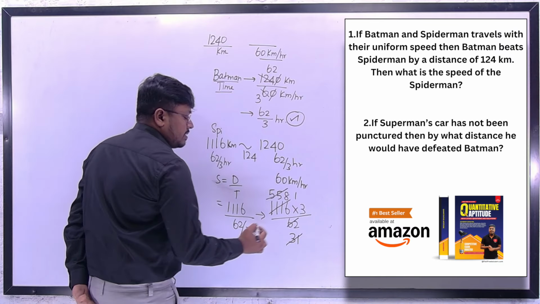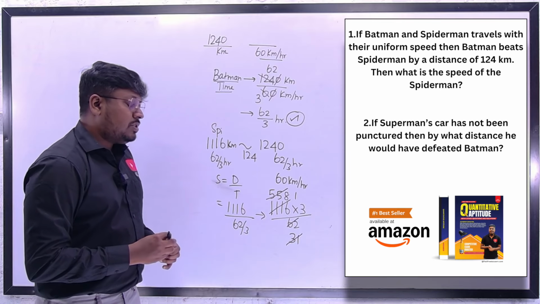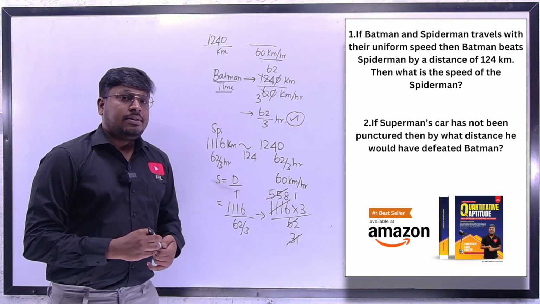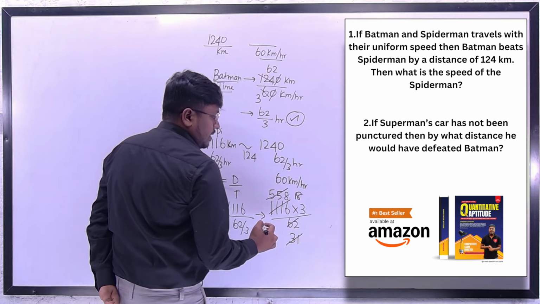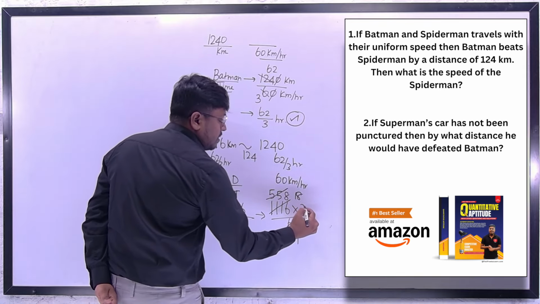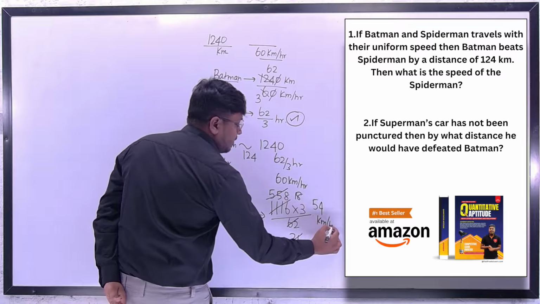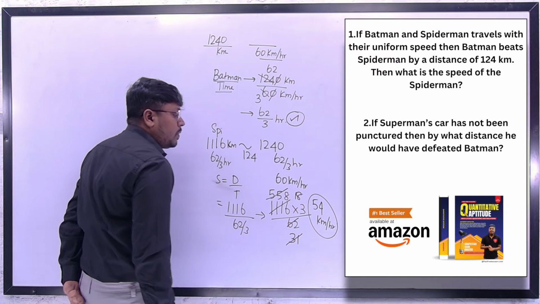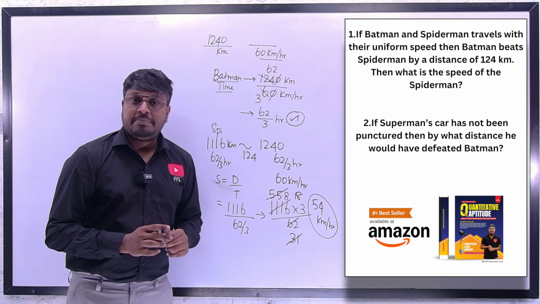So 1 times will be 31. Remaining will be 24. That is 248. So 8 times, right? 8 3s are 24. So 18. 8 3s are 24. So remaining will be 2, which will be 54 kilometer per hour. So finally, we found the speed of the Spider-Man will be 54 kilometer per hour.